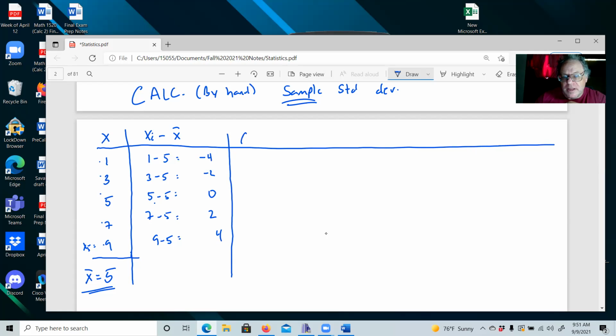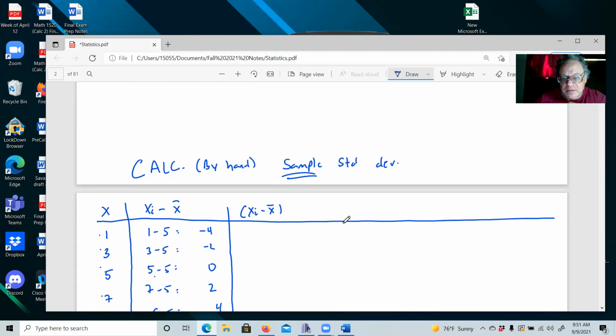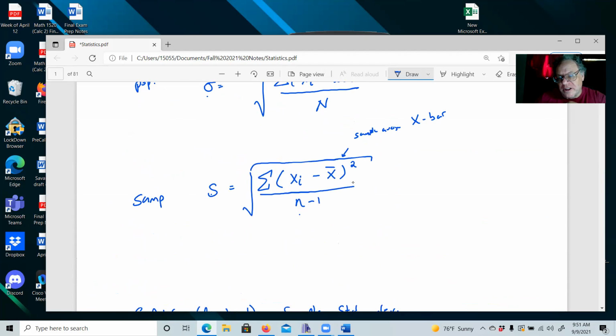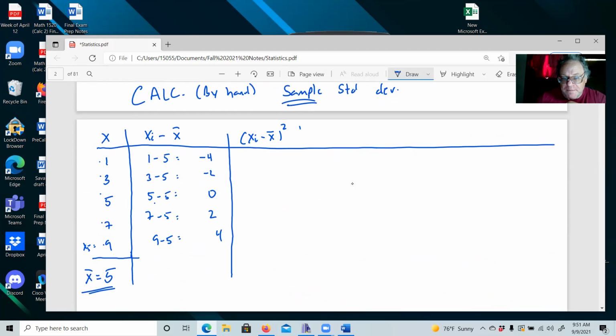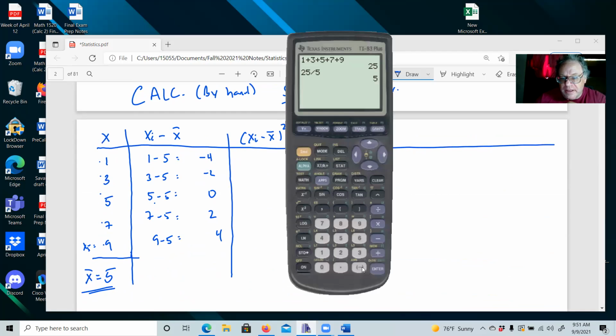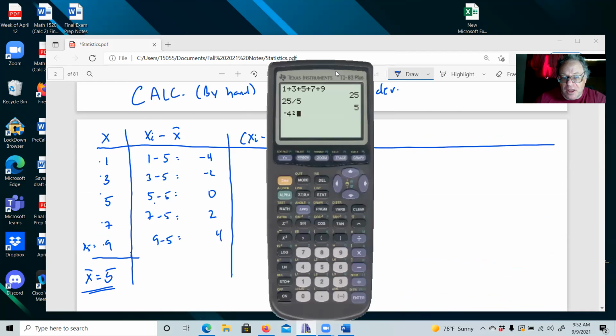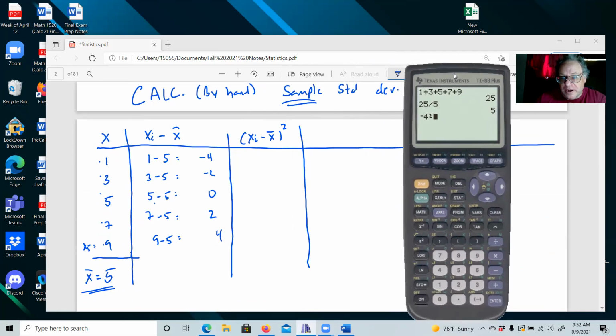Next step. We're going to take these values. Remember the formula? We're going to square them. You have to be a little bit careful because in your calculator, if you take minus 4 squared, you both know that a squared number is always going to be positive. But it told me negative 16.